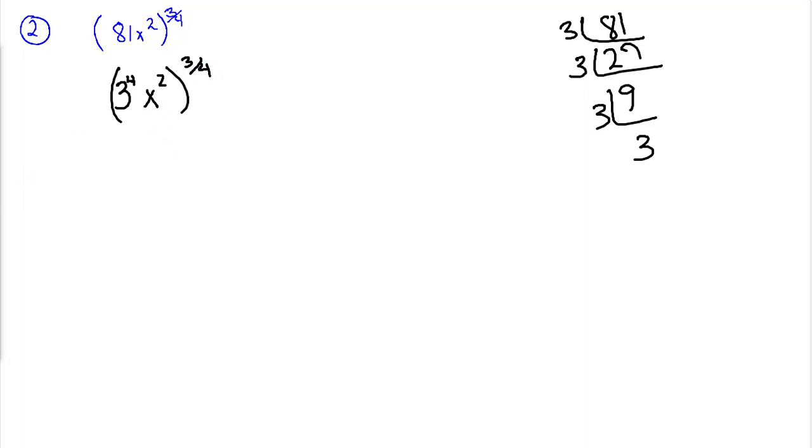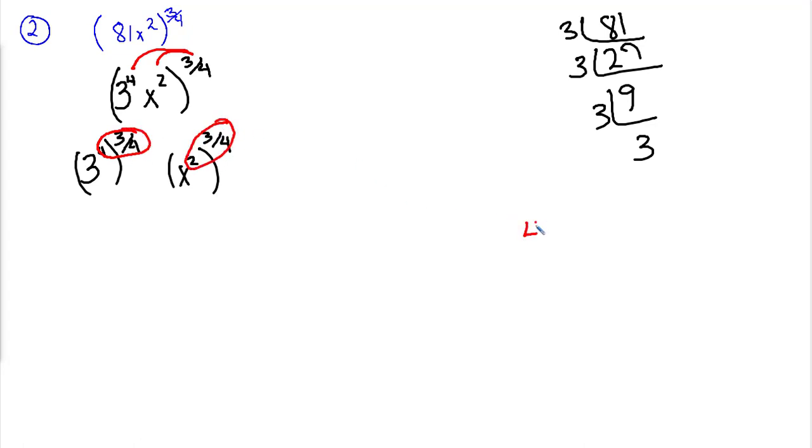Now I'm going to distribute that 3/4 to both exponents. So I have 3 to the 4th raised to the 3/4 power, x squared raised to the 3/4 power. And our rule for exponents being raised to a power is we multiply the exponents.